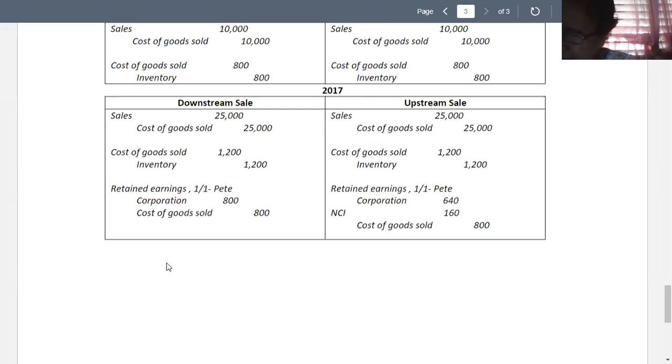Puma reported net income from its own operations of 720,000 in X4 and 760,000 in X5. Smarte reported net income of 400,000 in X4 and 460,000 in X5. Neither company declared dividends in either year.